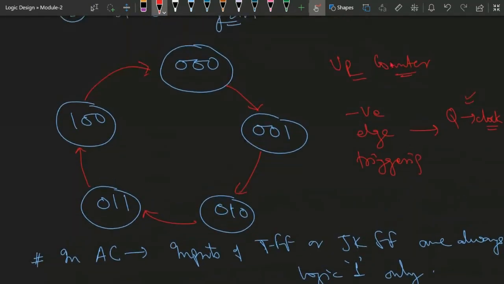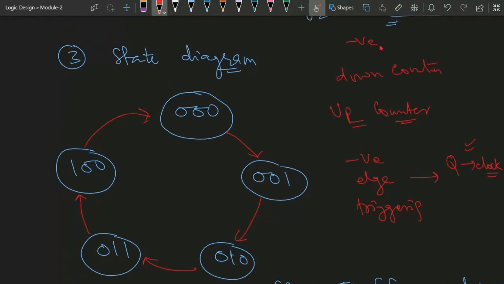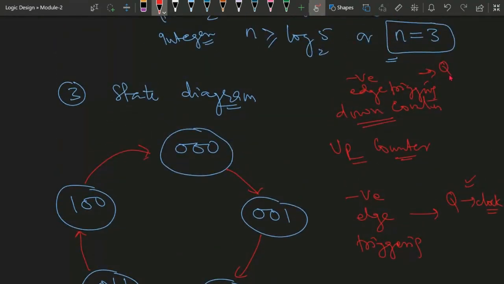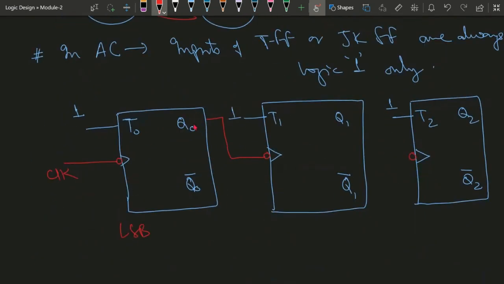If you want to implement a down counter with negative edge triggering, then the Q bar will be connected with the clock. But it is an up counter, so we connect Q with the clock. Here again, Q will be connected with the clock.